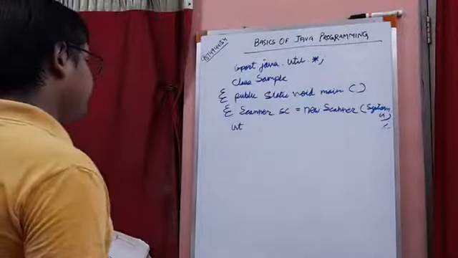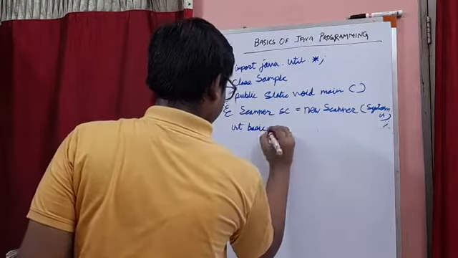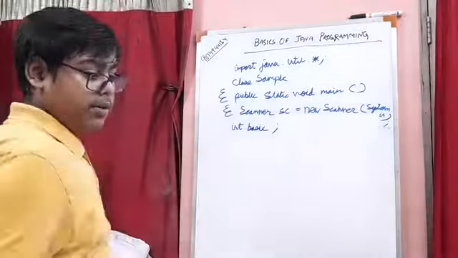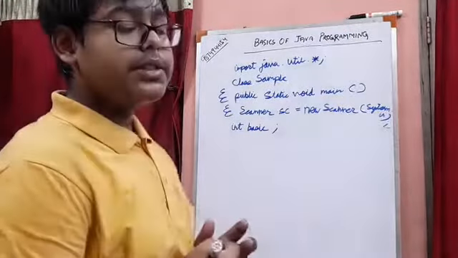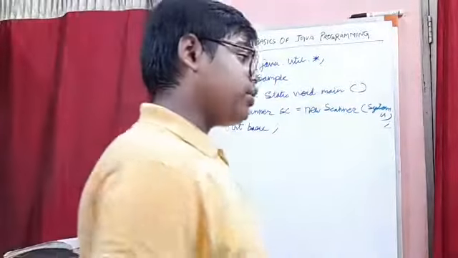Now we continue. int basic, we need to input, close it. Because we need to find percentages of different things like DA, HRA, we take them as double values, which will have decimals in them.